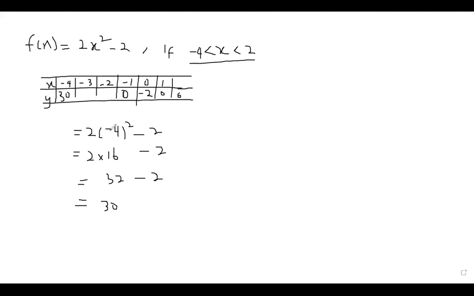When x is -3, -3 squared is 9. 9 times 2 is 18. 18 minus 2 is 16.